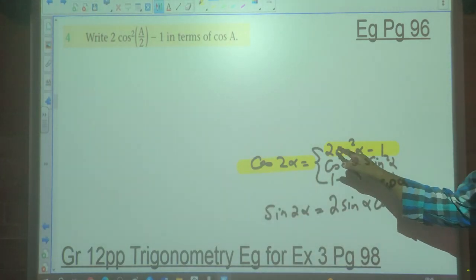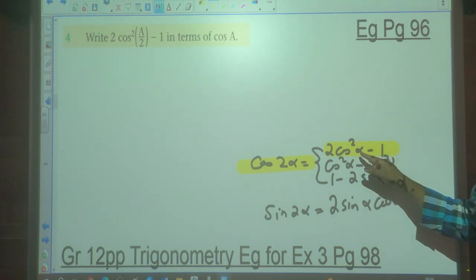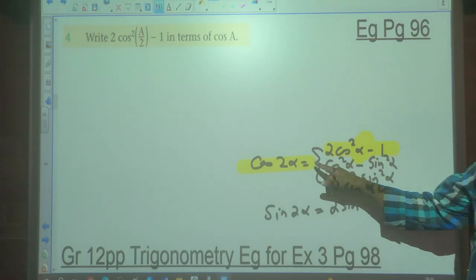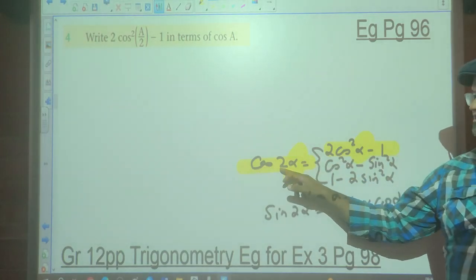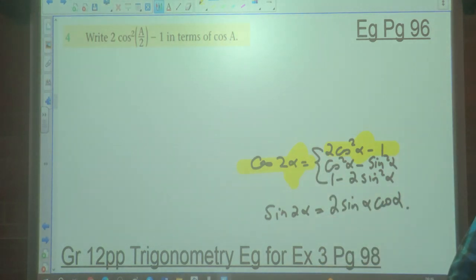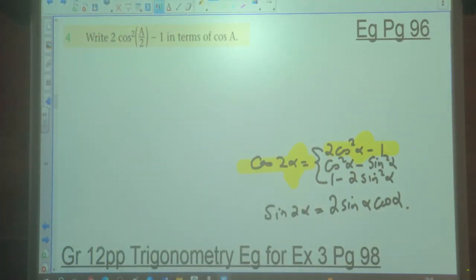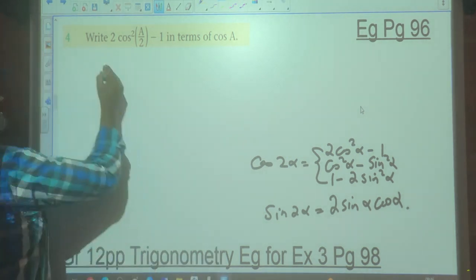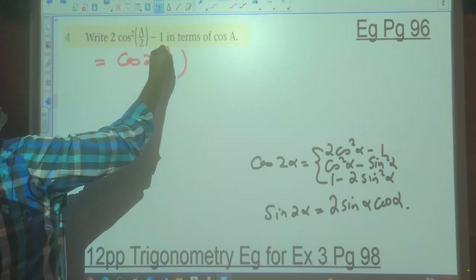So here we have 2 cos squared. What's your alpha angle now? A over 2. So I replace that with a over 2. So this will become cos 2 multiplied by a over 2. You guys understand? That will be cos 2 alpha, and my alpha angle is a over 2.